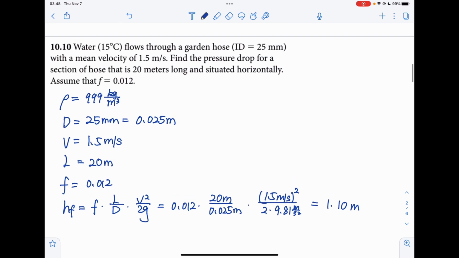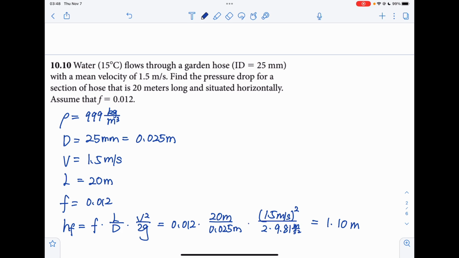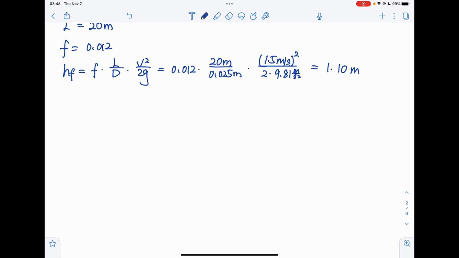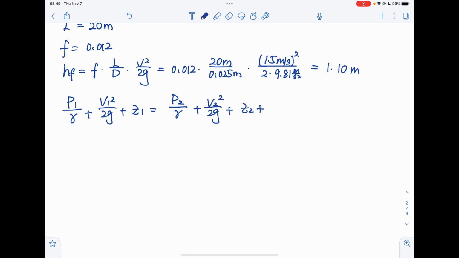Now we have the friction loss. The problem is asking us to find the pressure drop, so we're going to use the energy equation between the two sections of the pipe. P1 over gamma plus V1 squared over 2g plus Z1 equals the end point, P2 over gamma plus V2 squared over 2g plus Z2, plus the head losses.